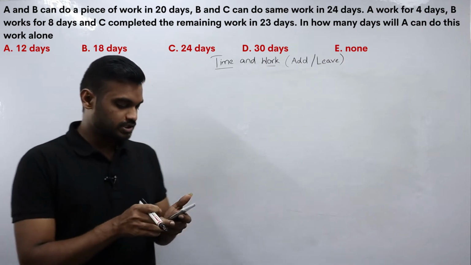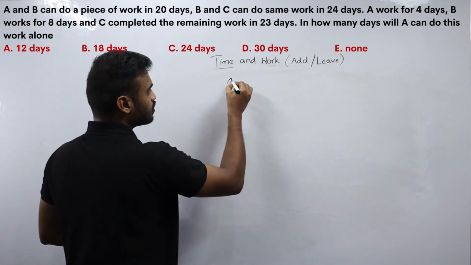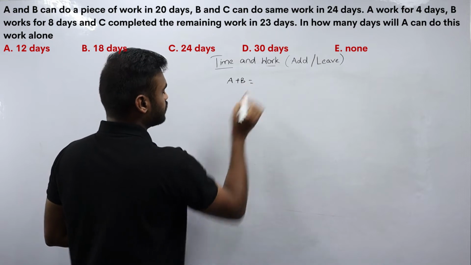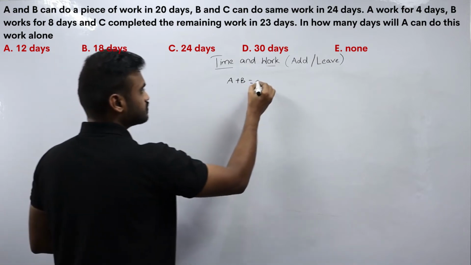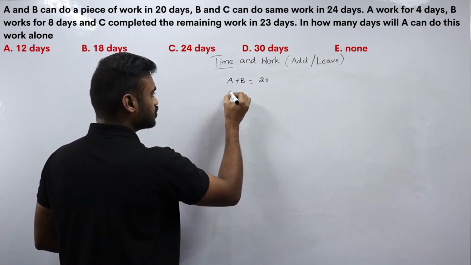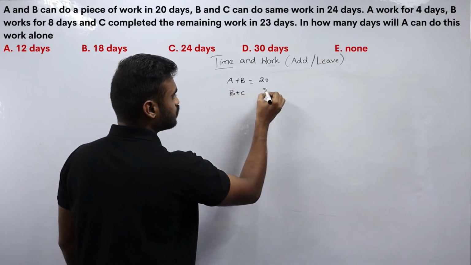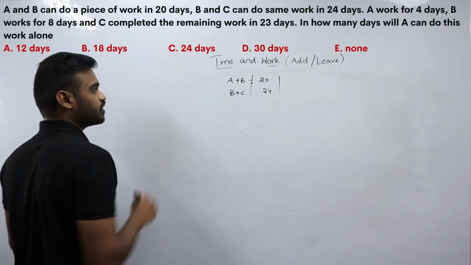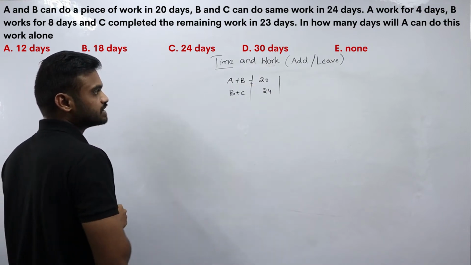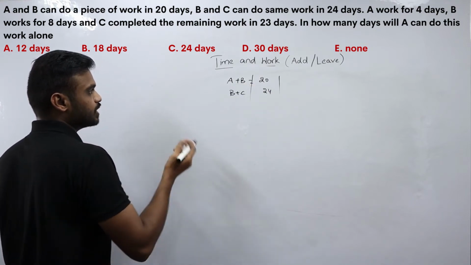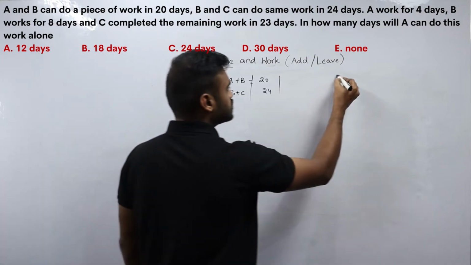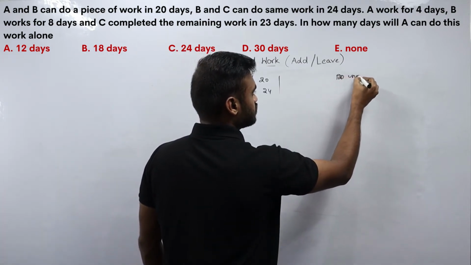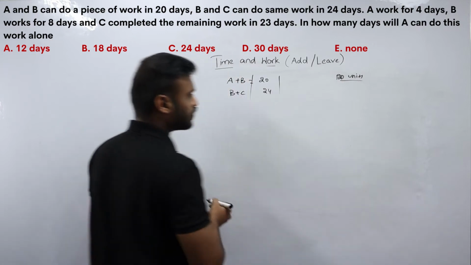Now they are saying that A and B can complete the work in 20 days, and also B and C can complete the work in 24 days. Now the LCM of 20 and 24 is 120, as it is divisible by 20 and 24, so 120 units is the total amount of work to be done.